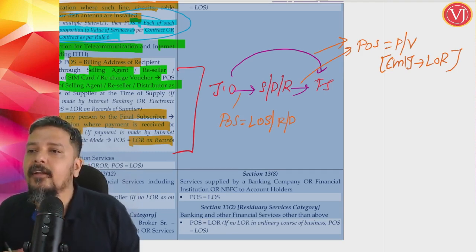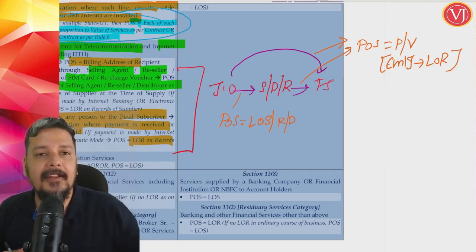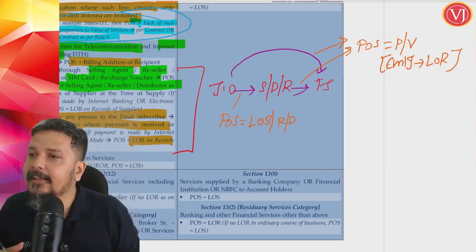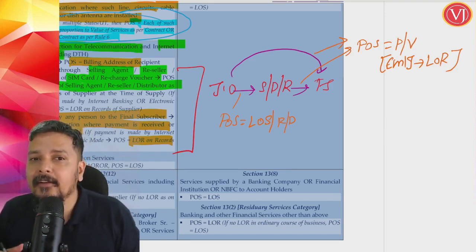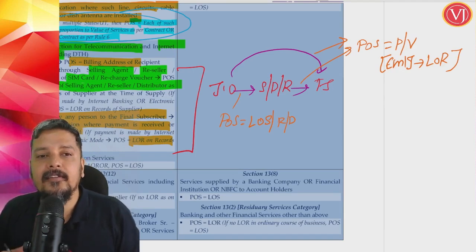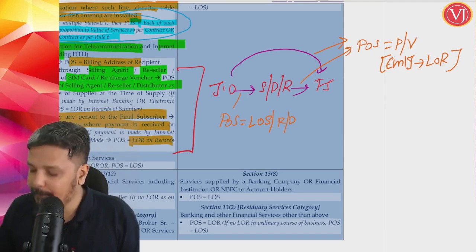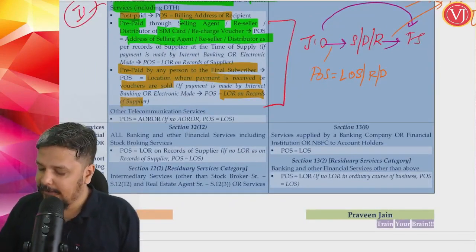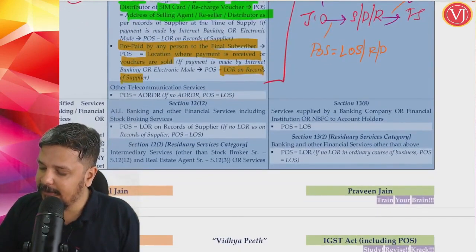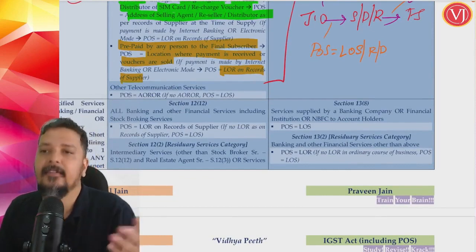POS is where the vouchers are sold, where the payment is being received. Kerala, I may not be able to take the credit. But if the payment is made via internet banking or electronic means, then POS is the location of recipient on records of the supplier. Clear?